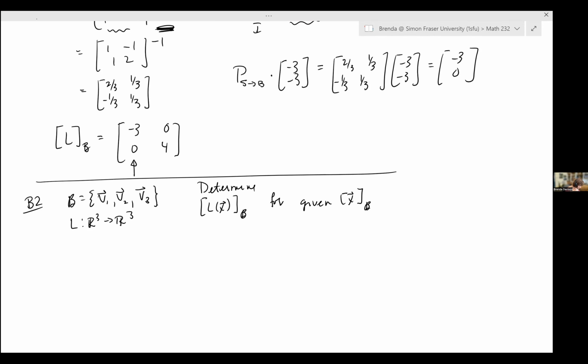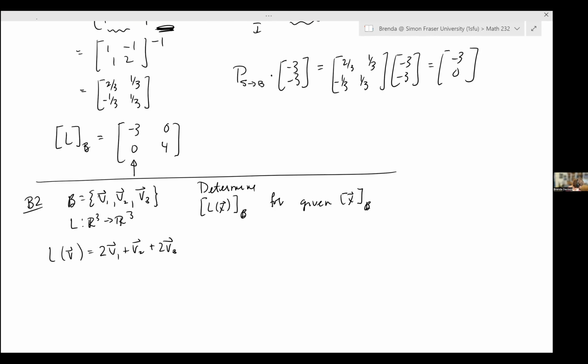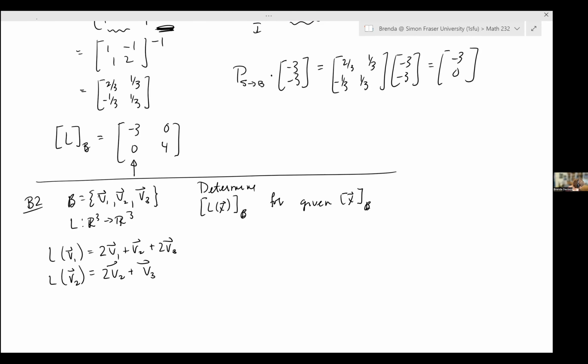Okay, so let's see what we have here. We're being told that the linear transformation affects the first vector in this way, 2v1 plus v2 plus 2v3, and that the linear transformation affects the second basis vector in this way, 2v2 plus v3, and that the linear transformation affects the third vector in this way, 4v1.